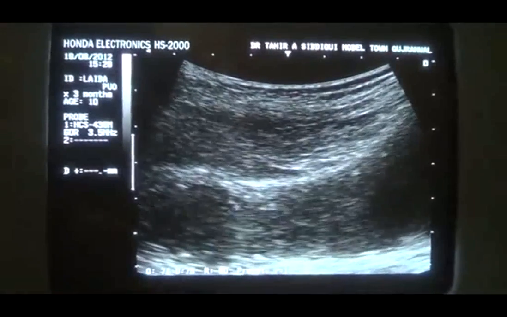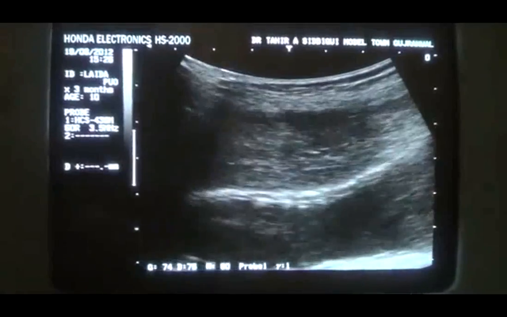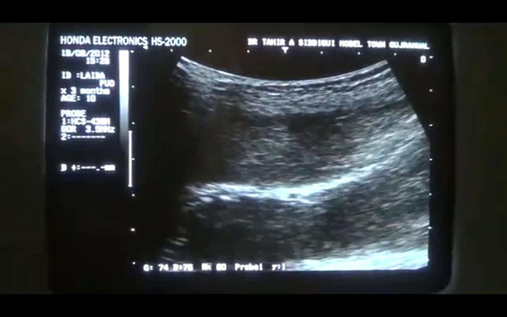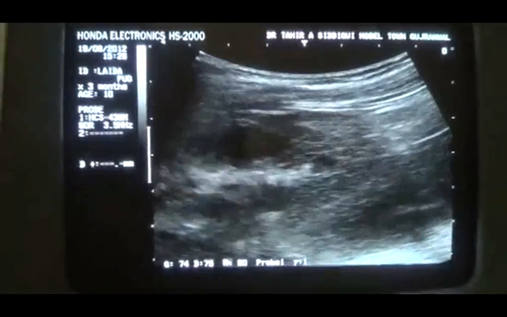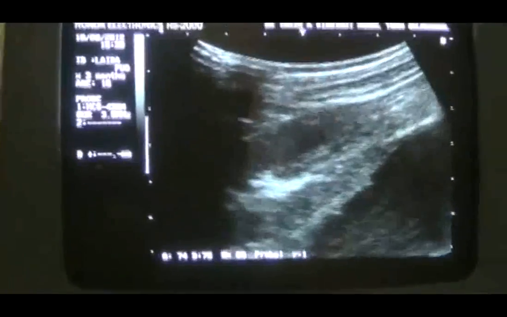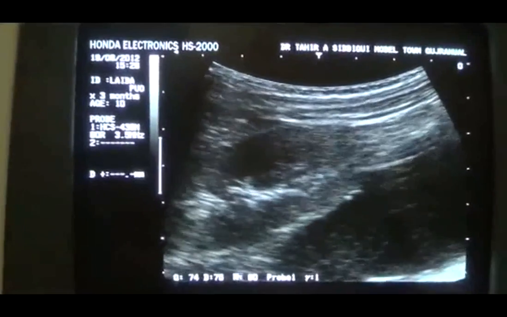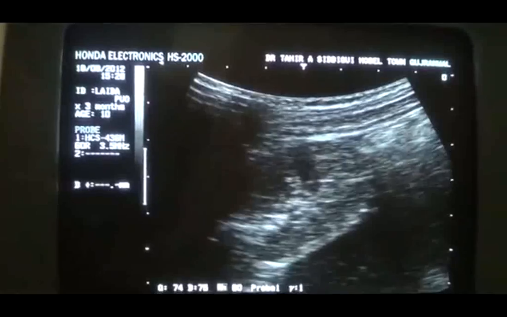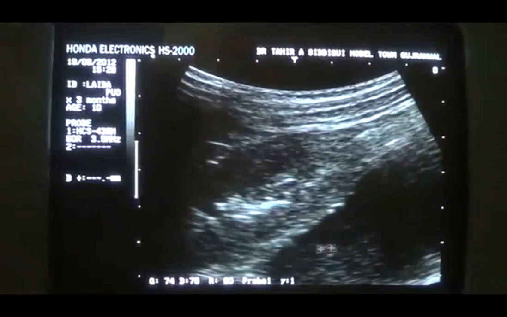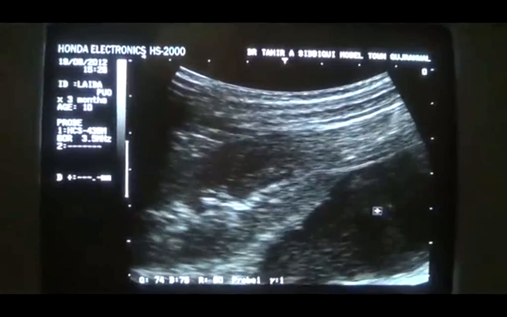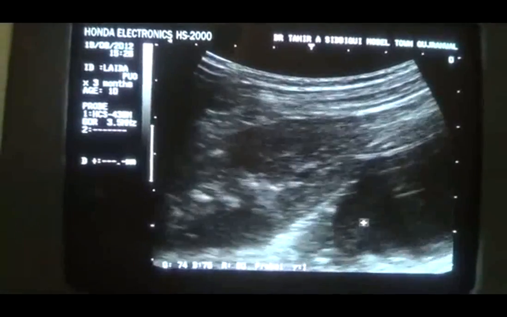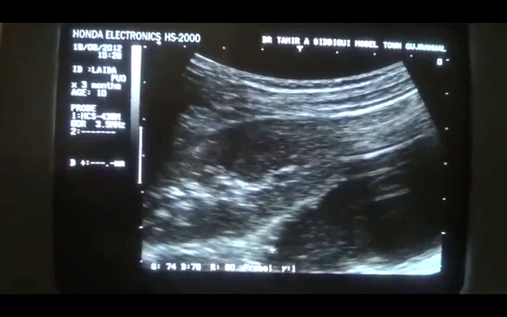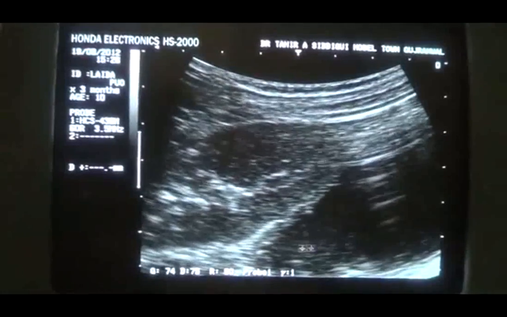Now this fluid is in fact pus. This is the kidney, and you can see these sand-like particles, this is a clear area, and here you see the echogenicity as well as the low-level internal echoes, this debris.